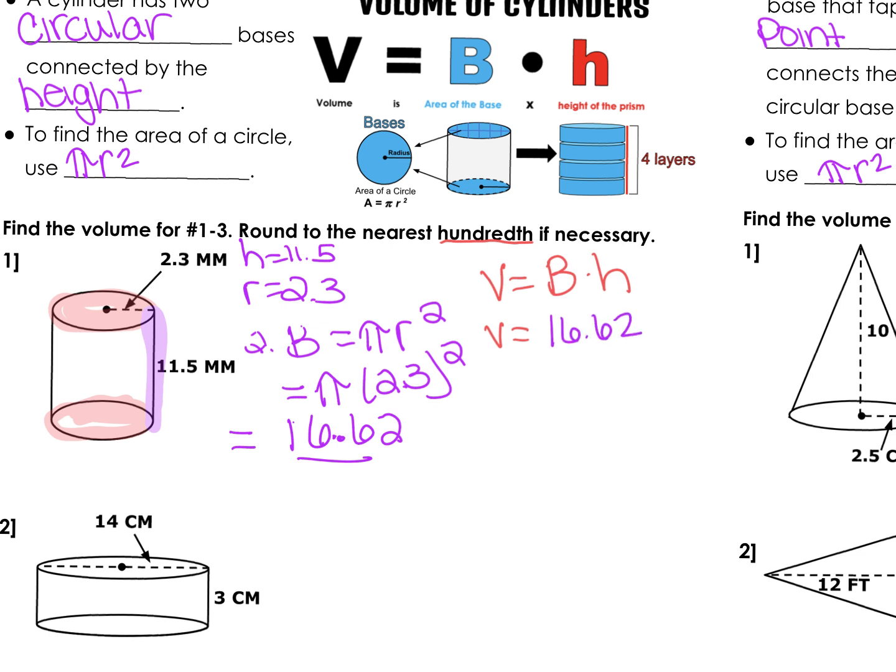And I'm going to multiply this by my height, which I've already identified as 11.5. And go back into my Desmos calculator. And here I find that my volume is 191.13 millimeters. And I'm going to add my label, and because volume is three-dimensional, cubed.